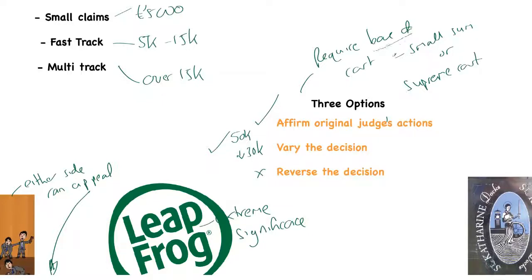And what leave of court means is that you have to ask permission of the court to appeal for a small sum or to appeal to go to the Crown Court. And you make the application either to the court where the appeal is coming from or the court where the appeal is going to be heard. Okay? And that's about as straightforward as that.